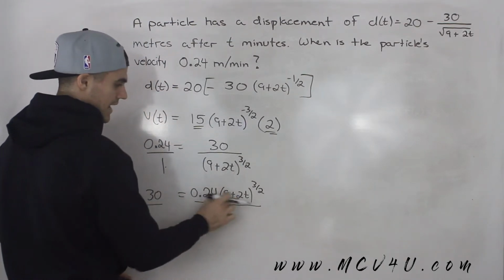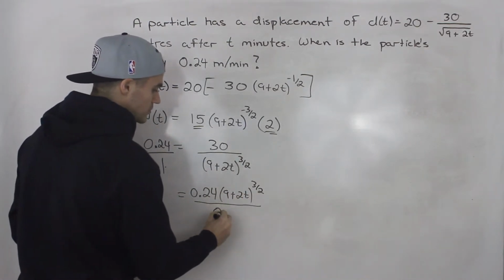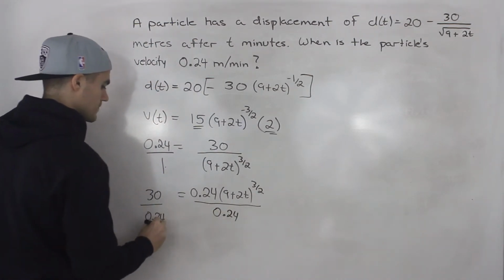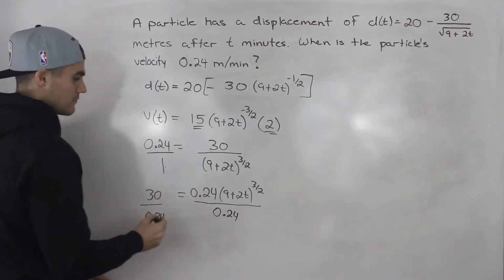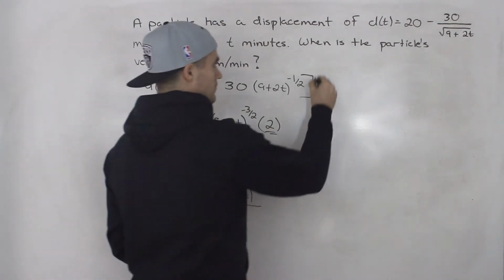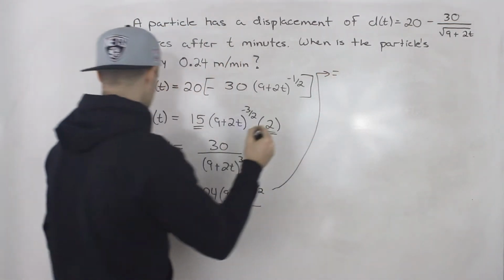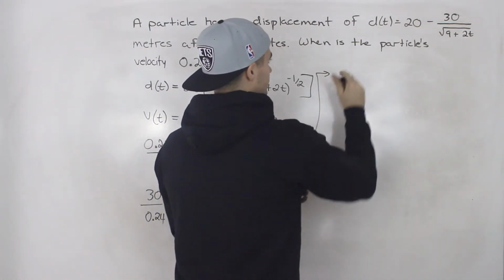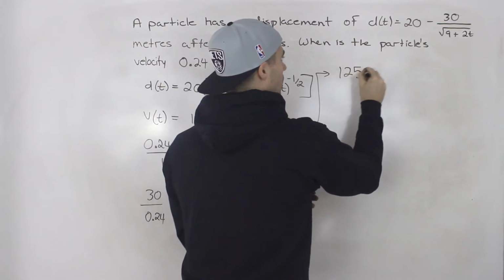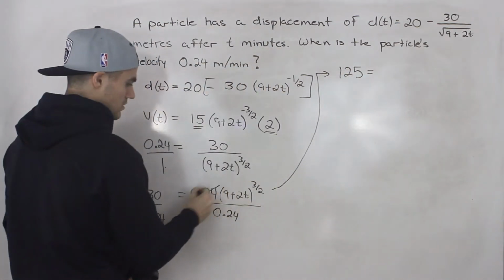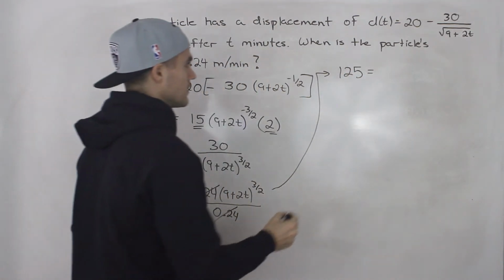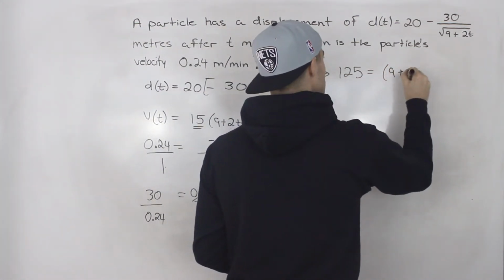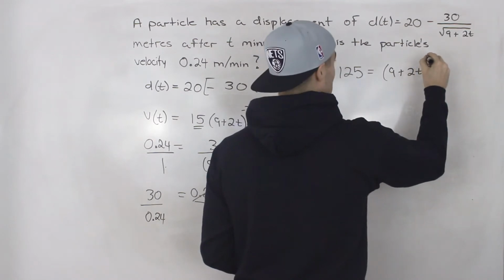Since it's attached to that expression, we divide both sides by 0.24. 30 divided by 0.24 is 125. So we got 125 equals, notice the 0.24s cancel out here, and we have (9 + 2t) to the power of 3/2.